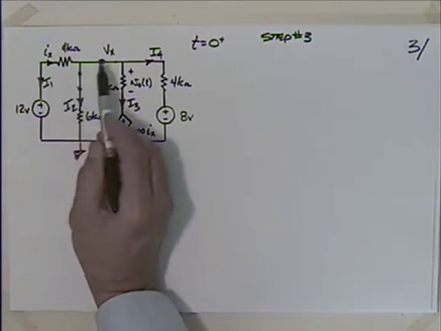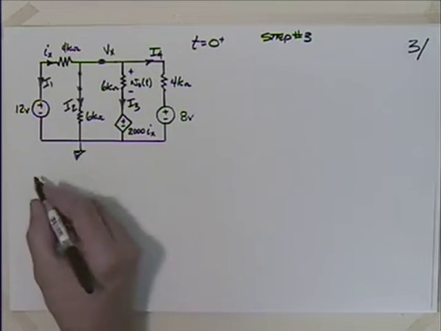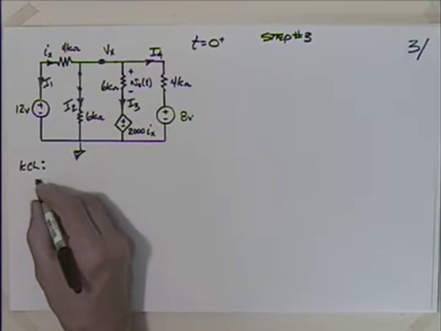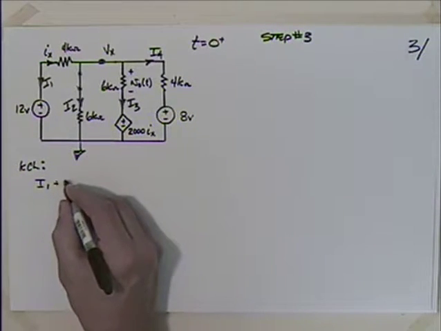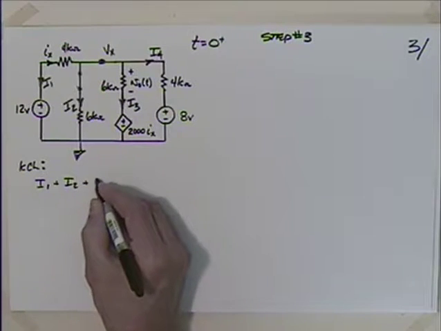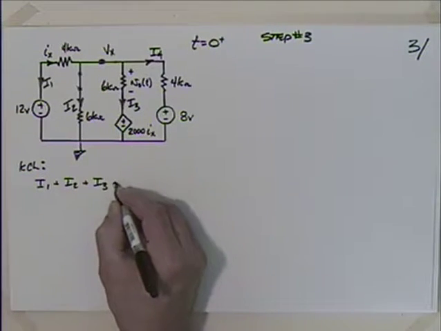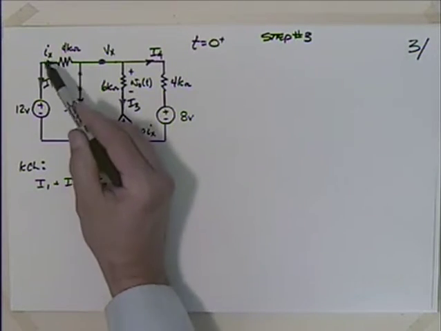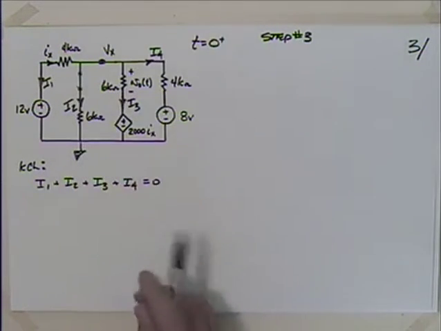I just like my currents leaving the node, so I'll take I1. So if I use Kirchhoff's current law, I can say that I have I1 plus I2 plus I3 plus I4 is equal to 0. And if you had Ix, you just have a minus Ix there instead of an I1.